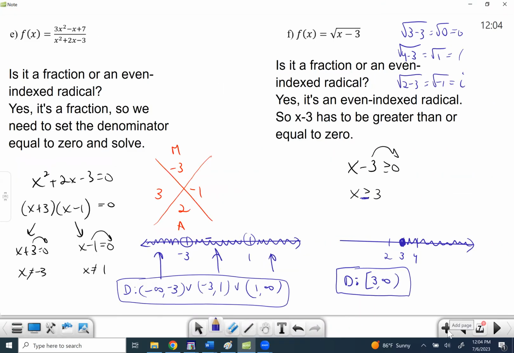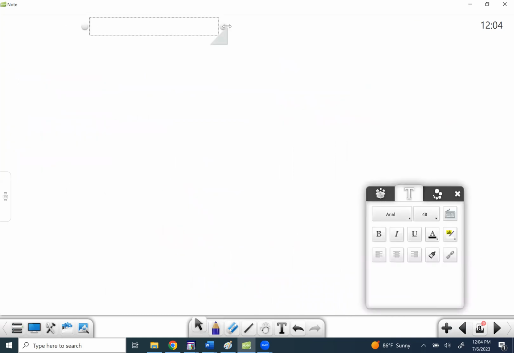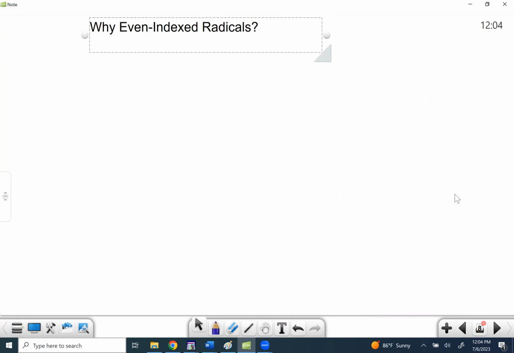Now let's talk a little bit about the whole even indexed thing. So this slide I'll title Why Even Indexed. Okay. So something that we have to make sure that we know is that if we had something like the square root of -4, you're looking for what number times itself gets you -4, and there's no answer to that, right?